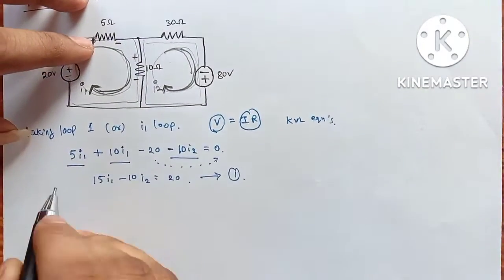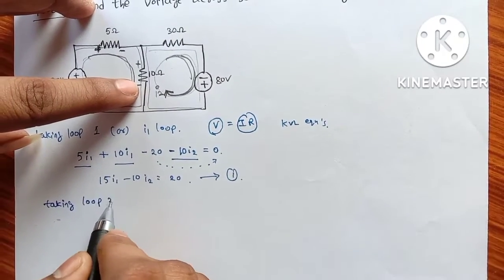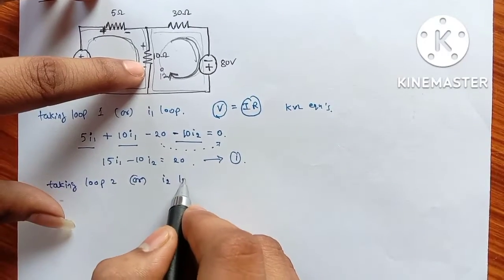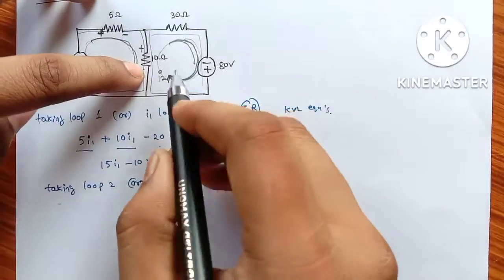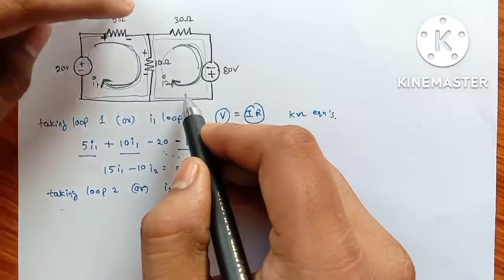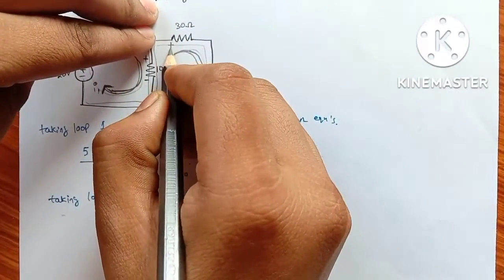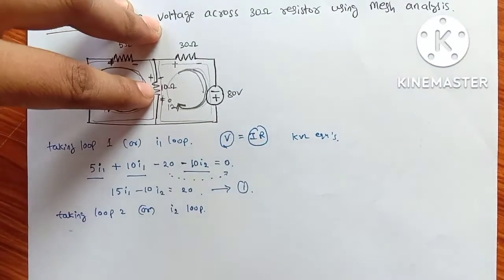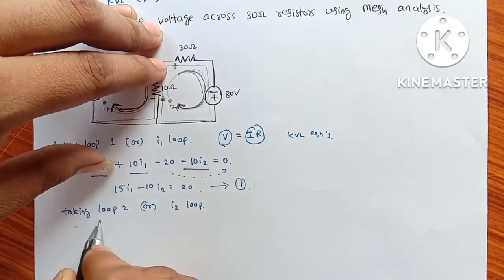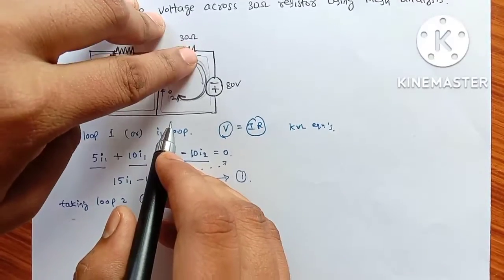Again, taking loop 2, or the I2 loop, what are the various factors affecting I2? First, again we should write the terminals. In loop 2, I2 passes from positive to negative.